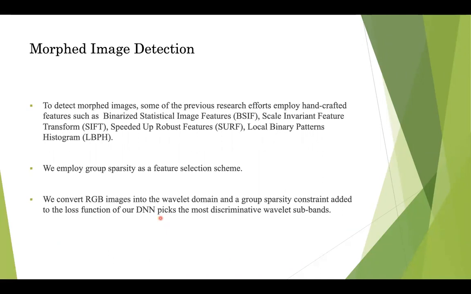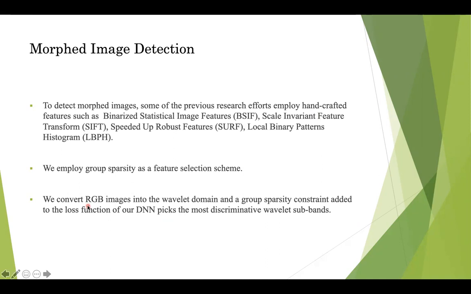For detection of morphed images, some of the previous research efforts adopted handcrafted features such as BSIF, SURF, SIFT, or LBPH to detect morphed images. In this work, we employ group sparsity as a feature selection scheme to improve the performance of the deep morph detector.